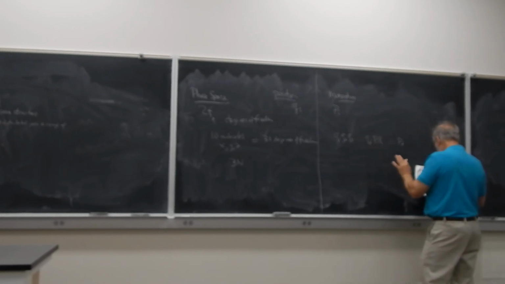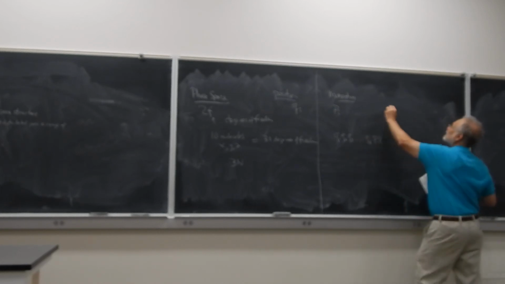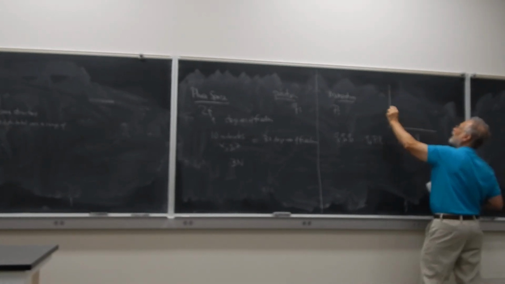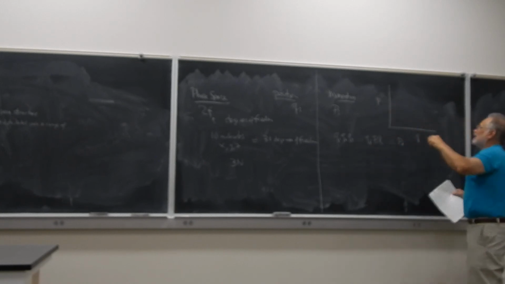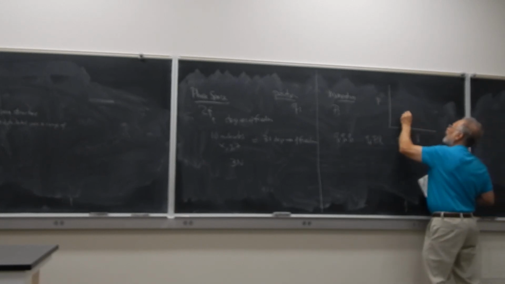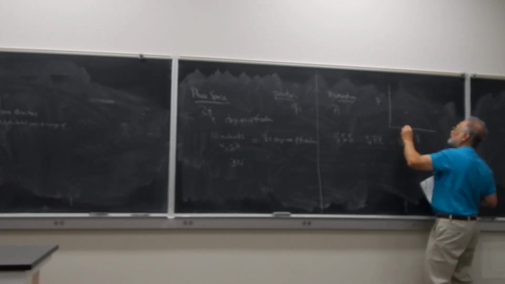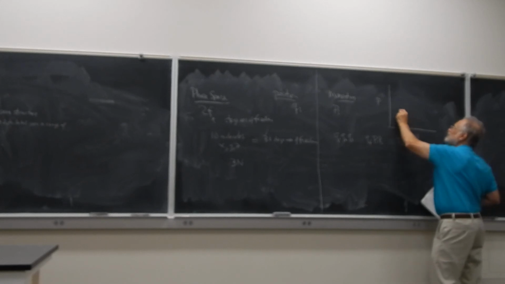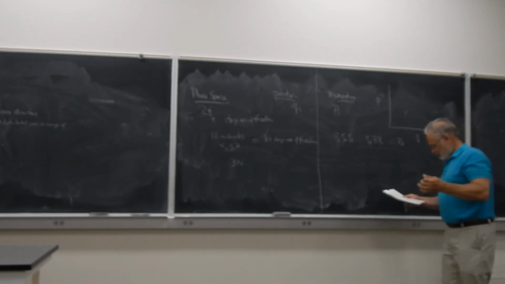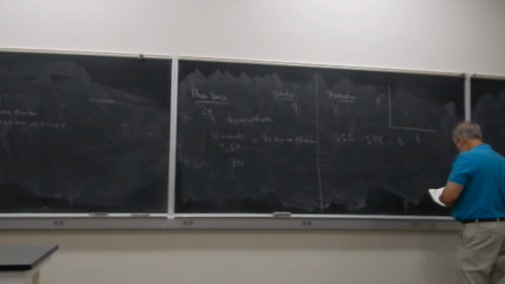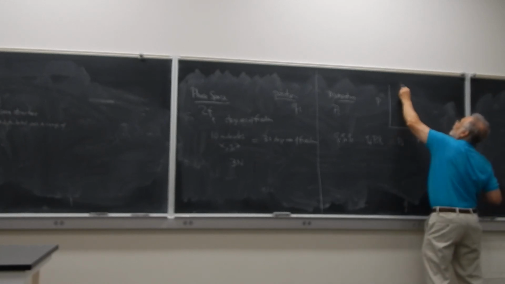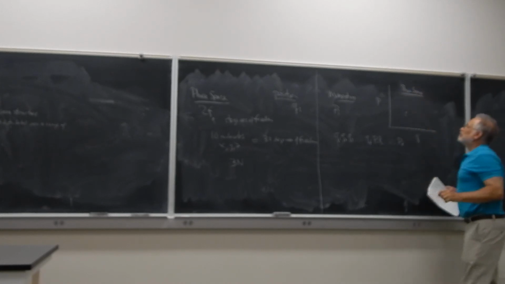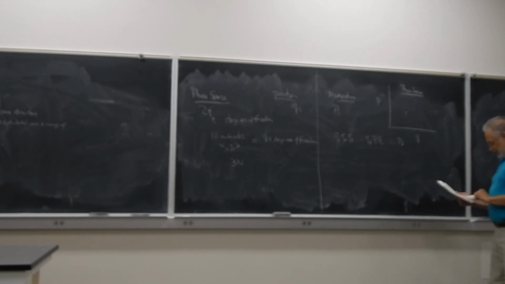If I were to look at any particular point in what we call phase space, we would plot momentum on the y-axis and position on the x-axis, and a point then would designate the particular momentum and the particular position of a molecule or particle. This graph of momentum versus position is what we call a phase space graph.